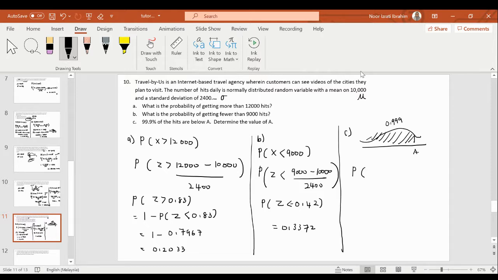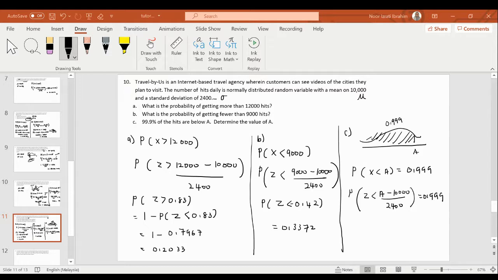So when we write in the notation, it will be probability of X less than A is 0.999. Then transform the X to become Z. Z less than A minus mean 10,000 divided by standard deviation 2,400 equals 0.999.